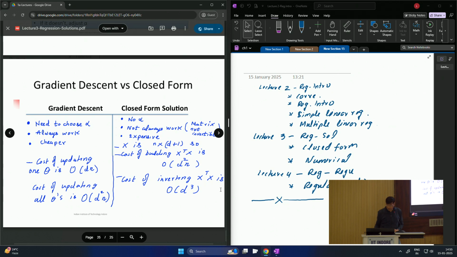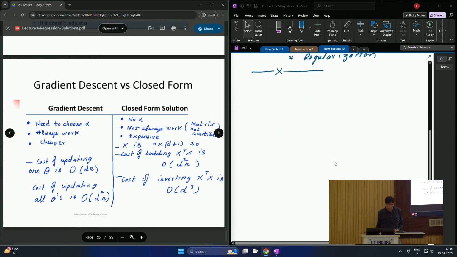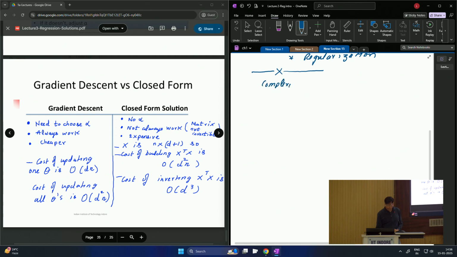So the very first thing we had done yesterday, we are still continuing the lecture 3 part. So we're talking about the complexities. Okay, so if you look at the X matrix, what was the X matrix?